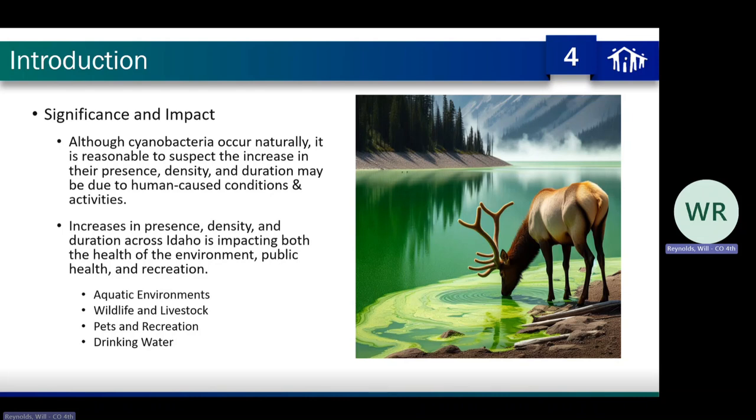So although cyanobacteria do occur naturally and are an important part of the environment, it's reasonable to suspect that the increase in their presence, density, and duration may be due to human-caused conditions and activities. So these activities might include increased runoff, increased nutrients in the environment due to humans, increased water temperatures due to the climate, as well as due to, thinking of Lake Cascade, for example, the lake is mostly surrounded by housing.